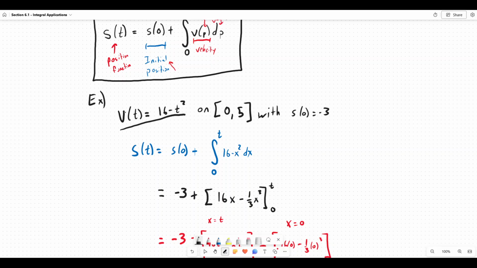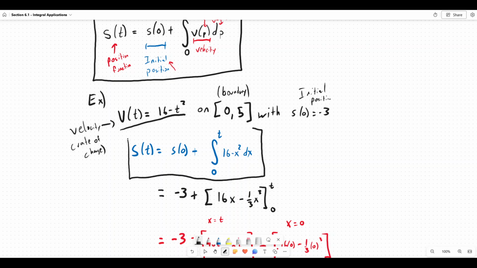Okay, so let's say we know a particle's velocity on an interval, aka a boundary, and we also know the initial position. We are well suited to turn this velocity, aka a rate of change, into the original formula. And once again, this is just a carbon copy of what is up here.